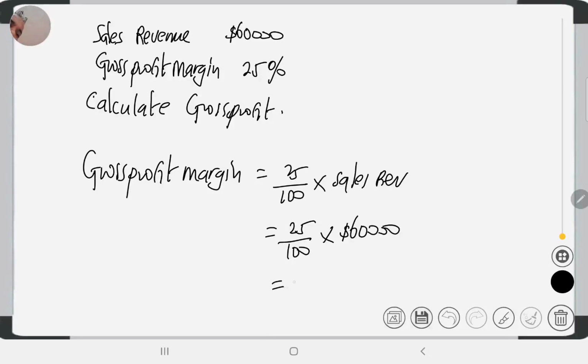This will give us $15,000. This is gross profit. We are using gross profit margin to calculate gross profit. Gross profit margin 25% means gross profit is equal to 25 over 100 times sales revenue, because margin will go with sales revenue.